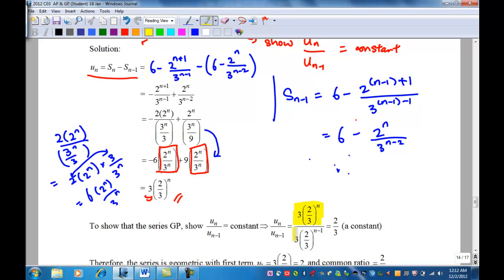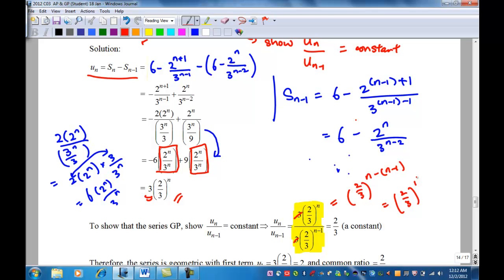when we have the nth term divided by the n minus 1 term, what we end up having is the 3 and the 3 will cancel off, and for this 2/3 power n divided by 2/3 power n minus 1, we know through the indices rule that we will end up with 2/3 power n subtract n minus 1, so we will end up with 2/3 power positive 1.